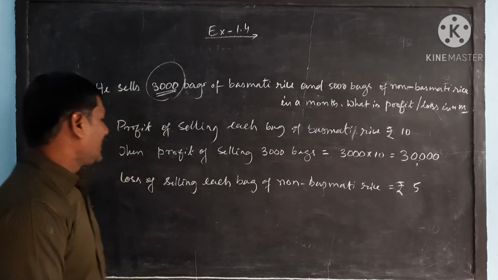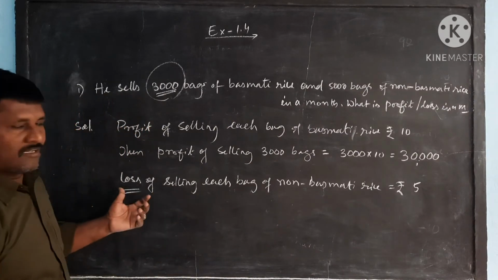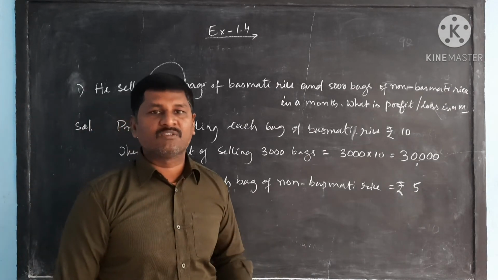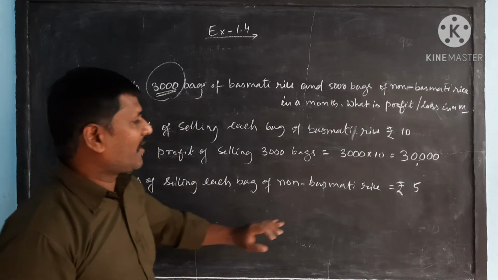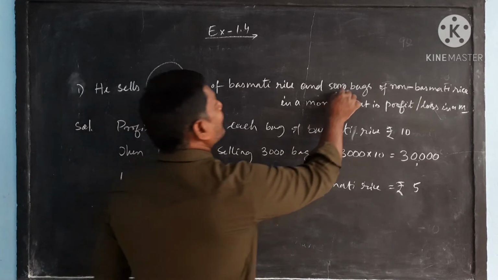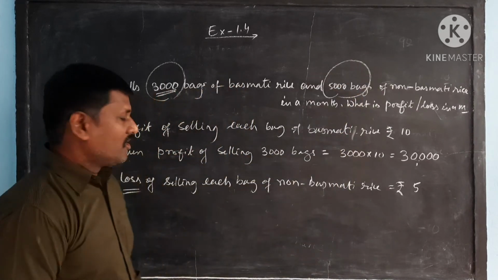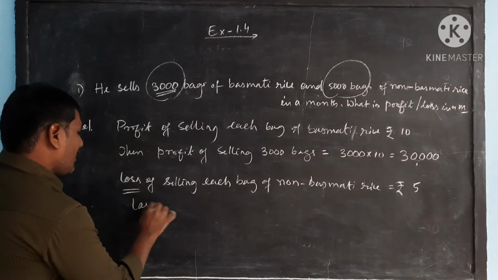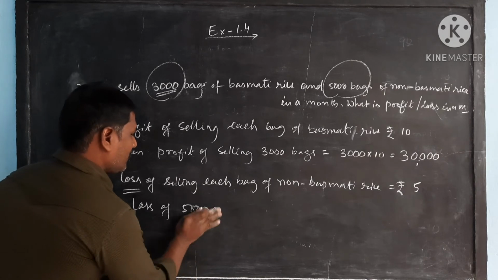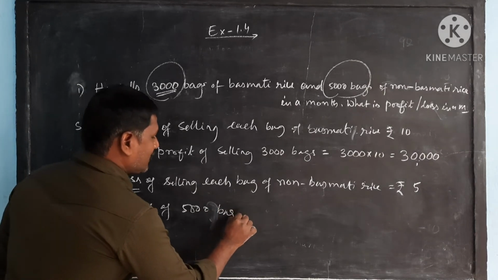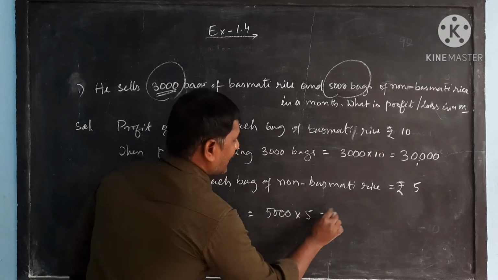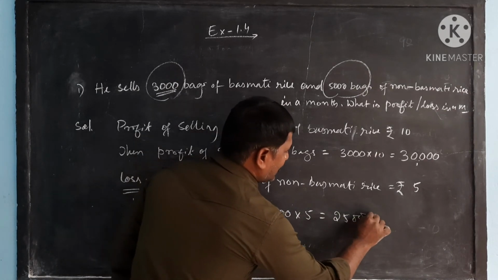As the symbol given for loss, you have to put a minus sign. As he loses 5 rupees for each bag of non-basmati rice, and he sold 5000 non-basmati rice bags, the loss of 5000 bags will be 5000 into 5. Then you will get 25,000.